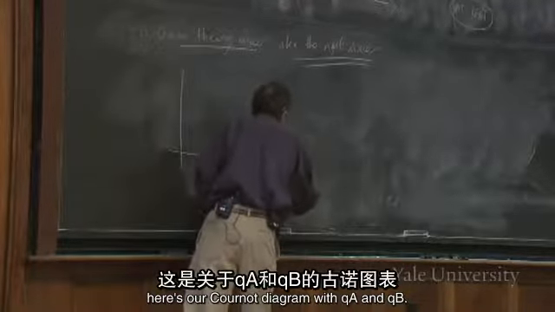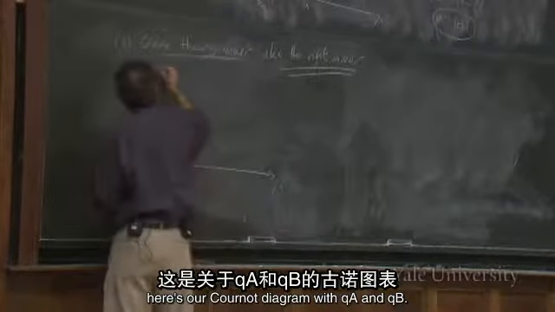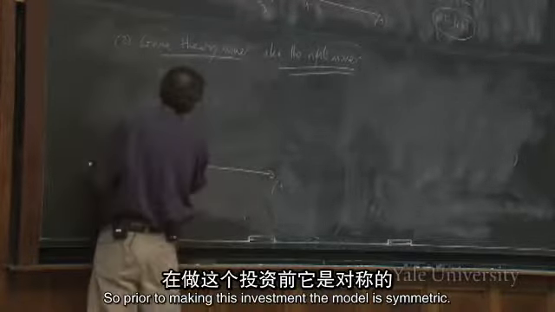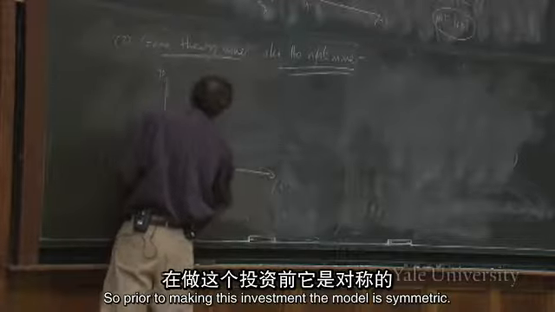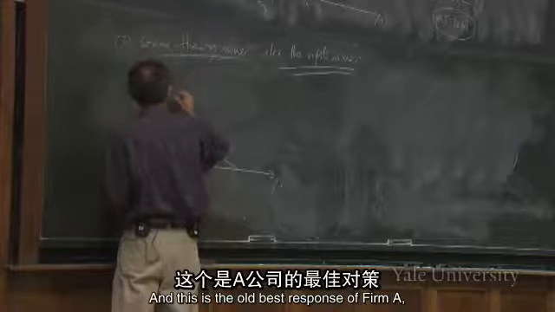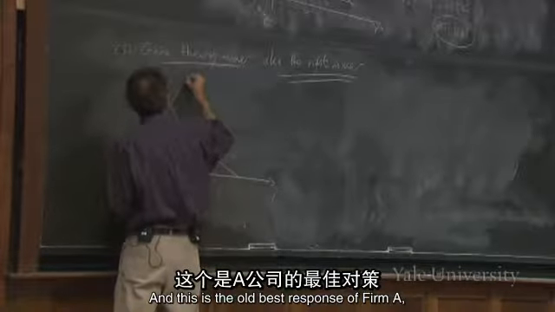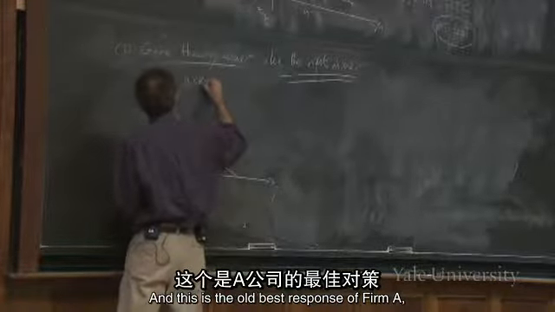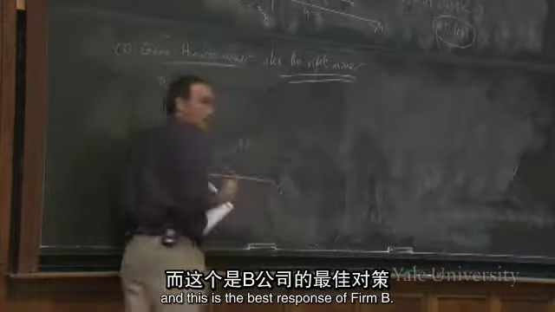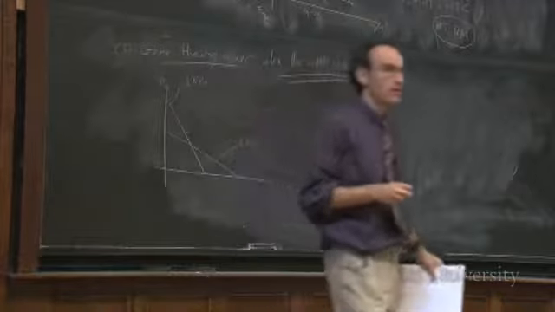Here's our Cournot diagram with QA and QB. So prior to making this investment, the model is symmetric. Here it is. And this is the old best response of firm A, and this is the best response of firm B. All right?